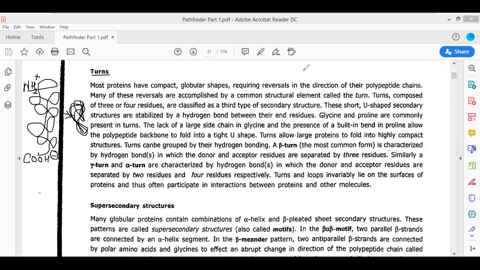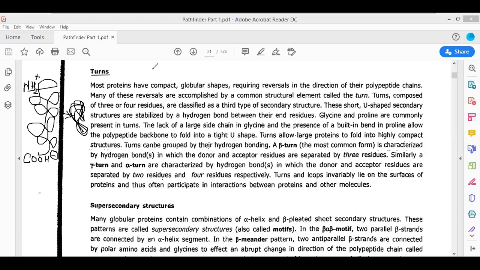So actually this three-dimensional structure of the protein is essentially required for its activity. And for assuming that three-dimensional structure, what is required? We require turns and loops. So both these structures are essentially required. Because of these molecules only, we are going to form the three-dimensional structure of the protein molecule.